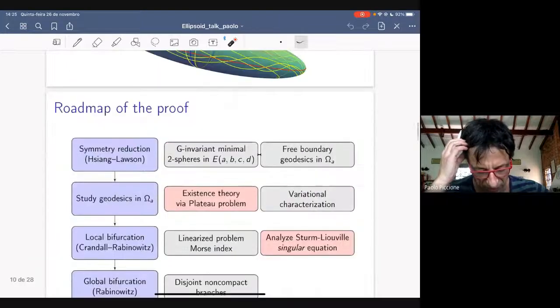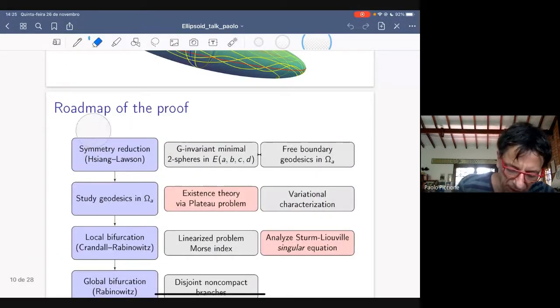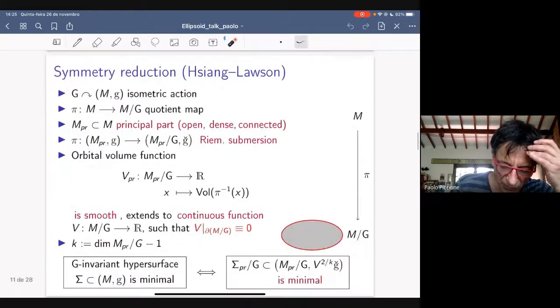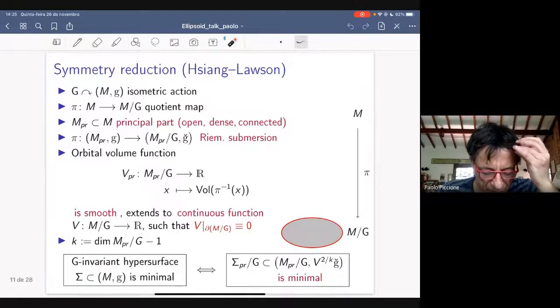Okay, let's start with this problem of reduction to a geodesic problem. The general theory is as follows. Suppose that you have a Riemannian manifold M with an isometric action of some group, say a compact Lie group G. And then you have, of course, M over G, the space of orbits of this action.